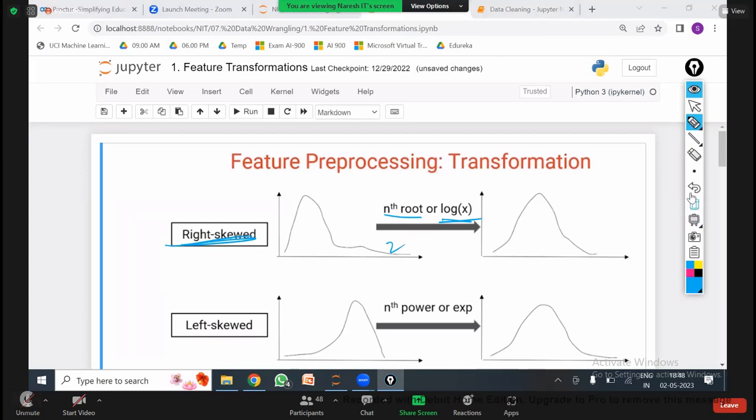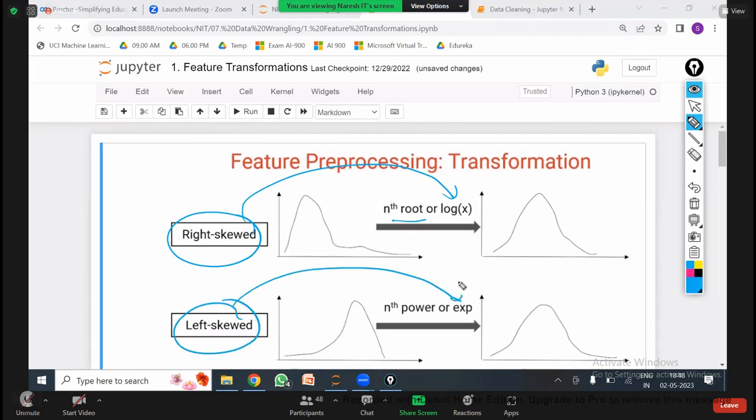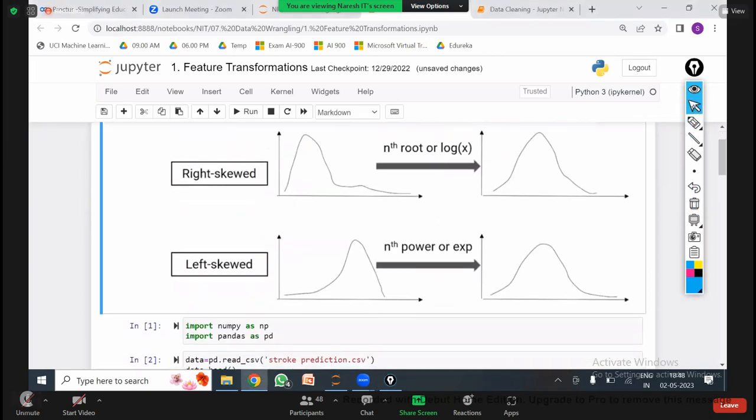If the data is right skewed, we use either log x or nth root. First, we'll try with log. If log is not giving the answer, then we'll try with the nth root. For left skewed distributions, we first apply exponential or nth power. Let us see an example for this.